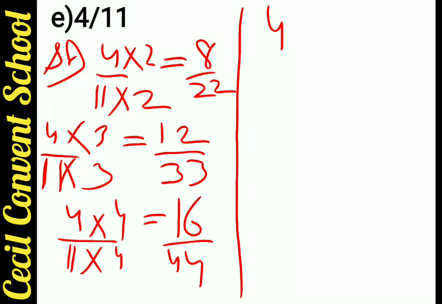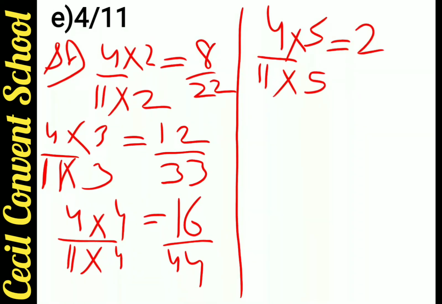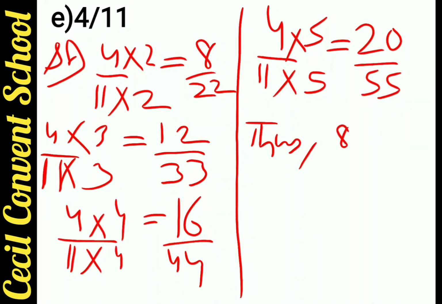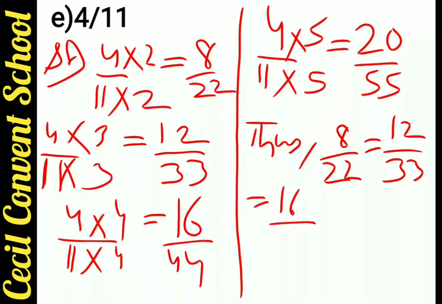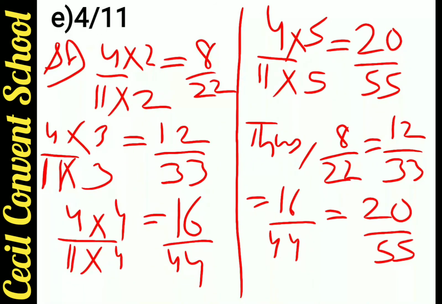Then 4 by 11 multiply by 5. Answer comes 20 by 55. Thus 8 by 22 is equal to 12 by 33 is equal to 16 by 44 is equal to 20 by 55. All are equal.